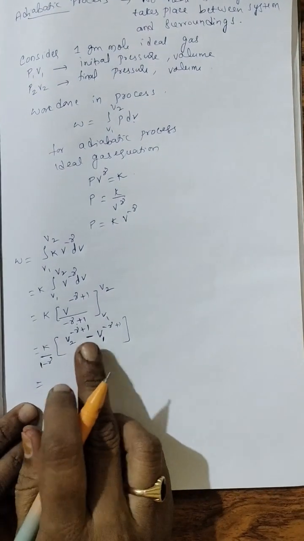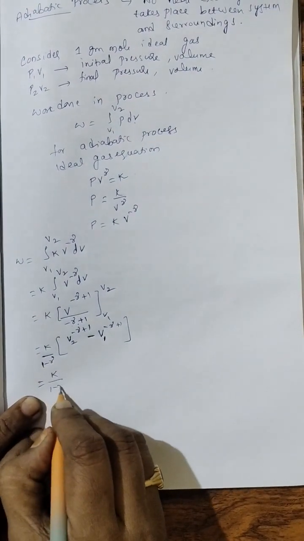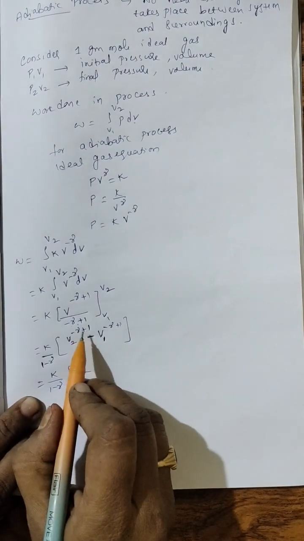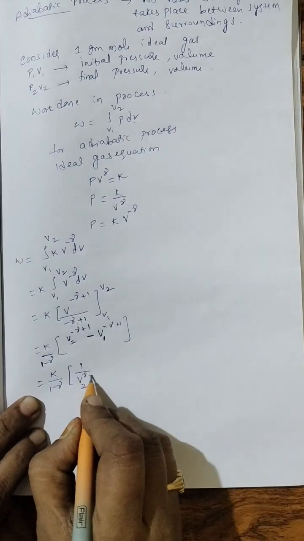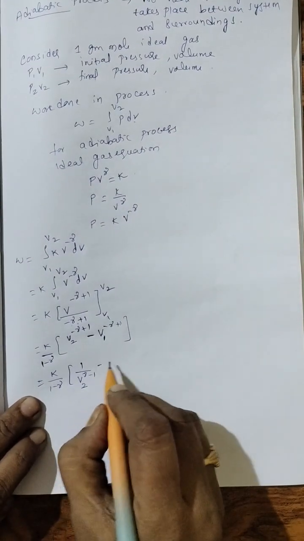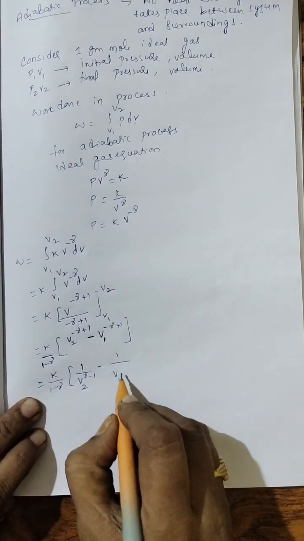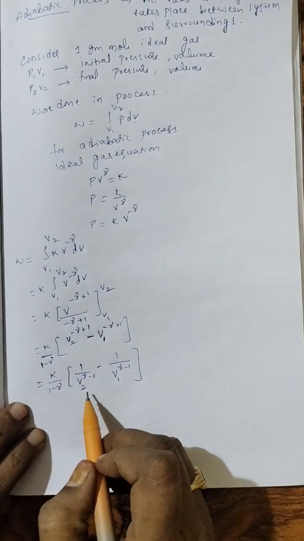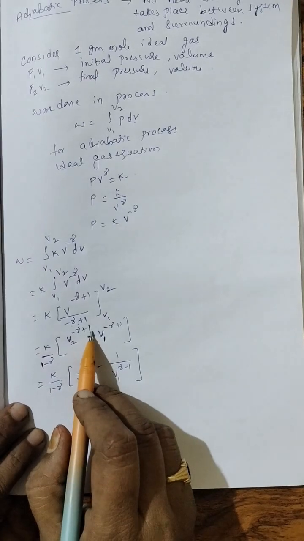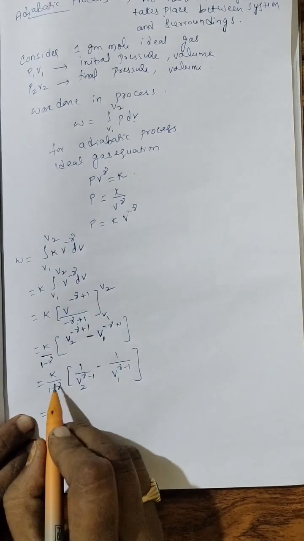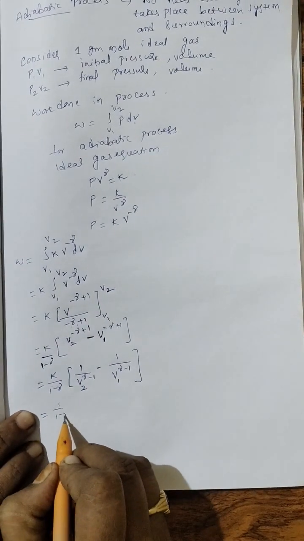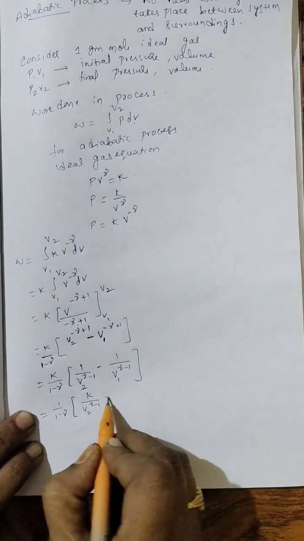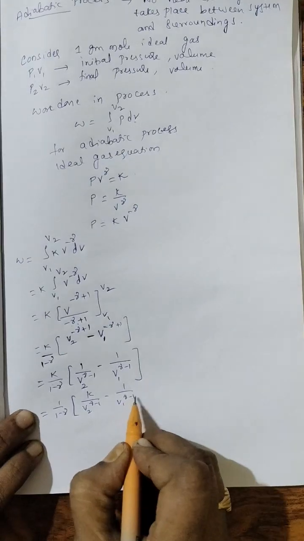Now next, can I write this as 1 by V2 to the power of gamma minus 1 minus 1 by V1 to the power of gamma minus 1? It is simple mathematics. I am bringing into the denominator, minus becomes plus, plus becomes minus. Now next I am multiplying with K. K by V2 gamma minus 1 minus K by V1 gamma minus 1.